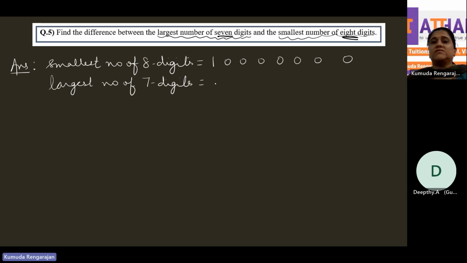Will be what, Satakshi? Largest number of 7 digits? Yeah, correct. Okay, I saw it. Tanya, what's the answer for the largest number of 7 digits? How many nines? Okay.